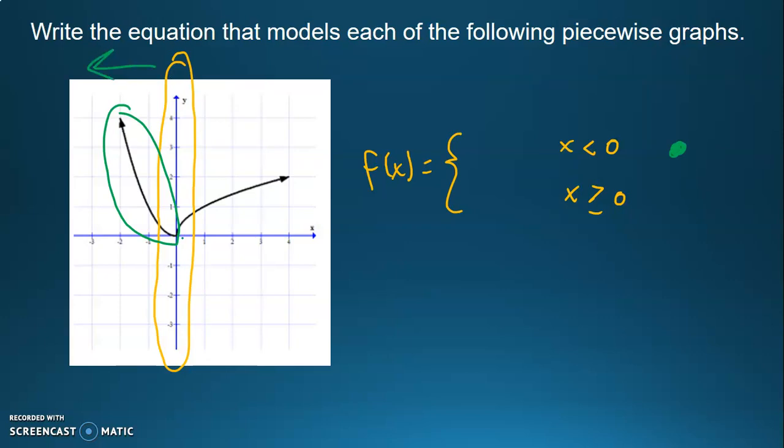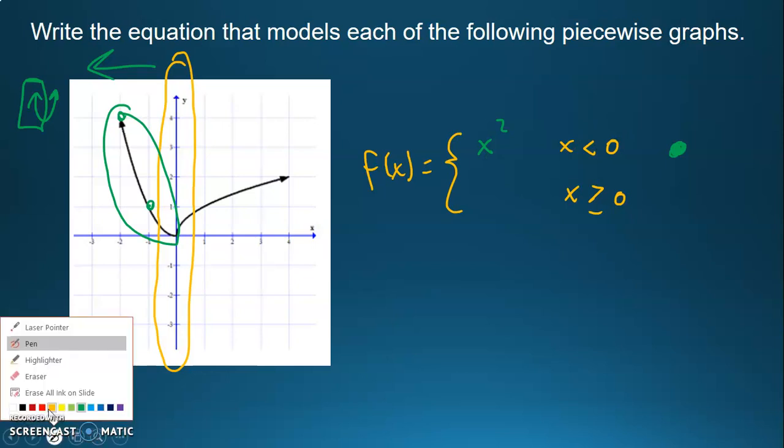If I look at this graph, it's got 0, 0, 1, 1, and 2, 4, or really negative 2, 4. This is a quadratic graph. So the function over here is part of my parabola, but we're only looking at the left half of it. That's what we've got graphed. So the rule is y equals x squared when x is less than 0.